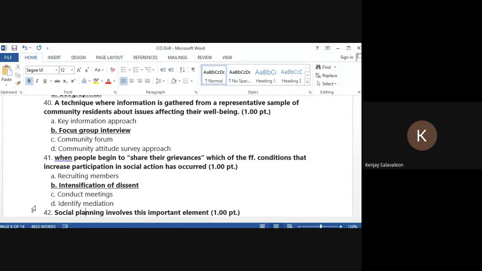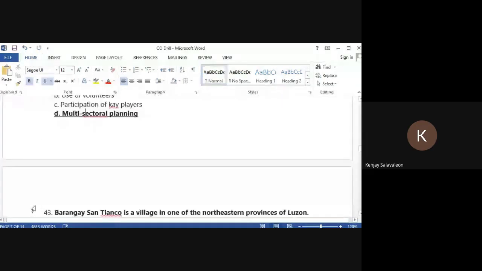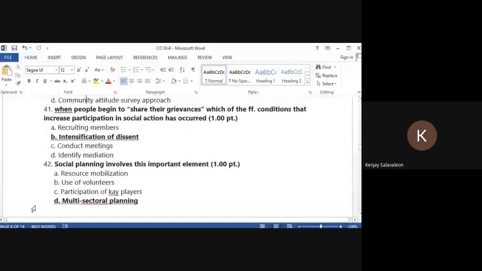41. When people begin to share their grievances, which of the following conditions that increase participation in social action has occurred? The correct answer is intensification of dissent. Because in increasing participation in social action, these four options are what we can apply to increase participation. Recruiting members that experience the same problem.